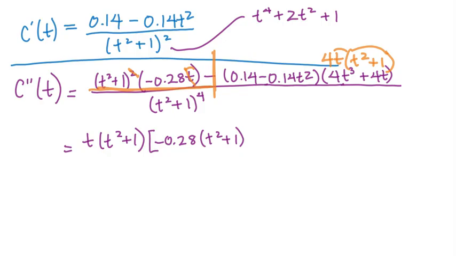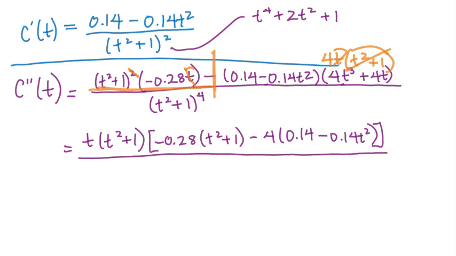After the subtraction, if I've taken out the t and the t squared plus 1, all that I'm left with is that 4 out at the end and the 0.14 minus 0.14 t squared. The reason this is nice is because I can actually cancel out a t squared plus 1.